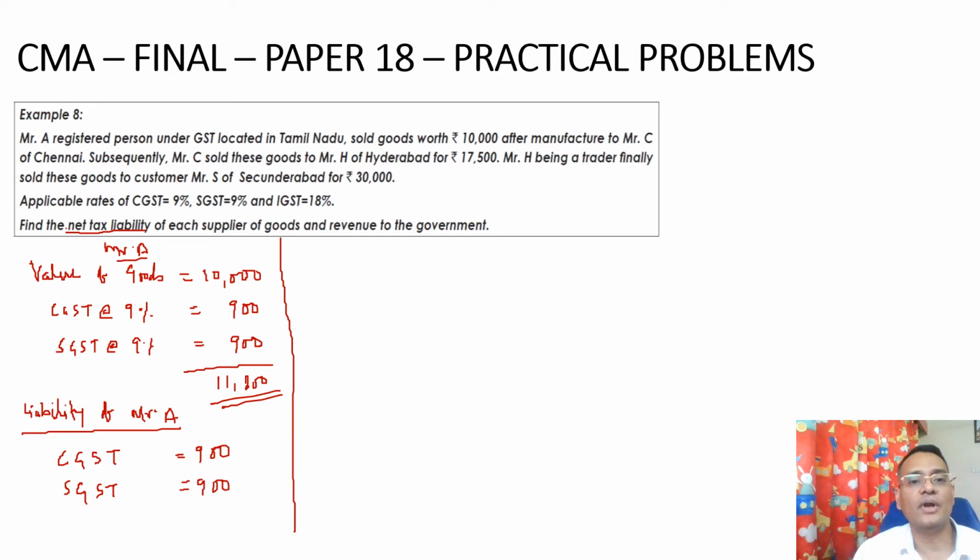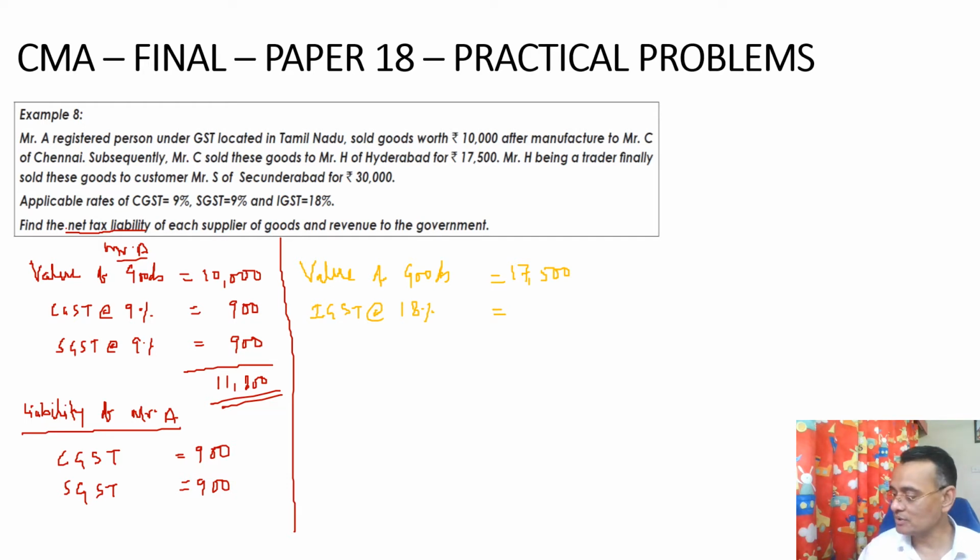Now value of goods sold is 17,500. Since it is interstate, material has been sent from one state to another, there will be IGST at the rate 18%.